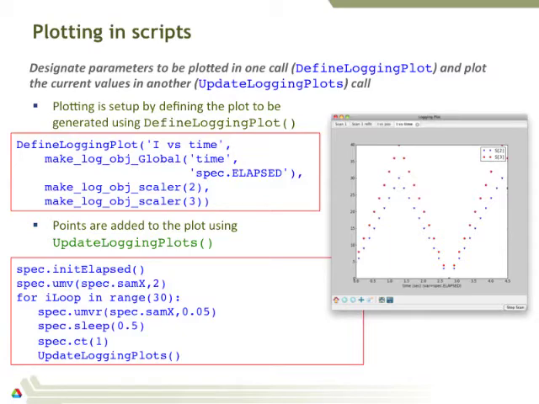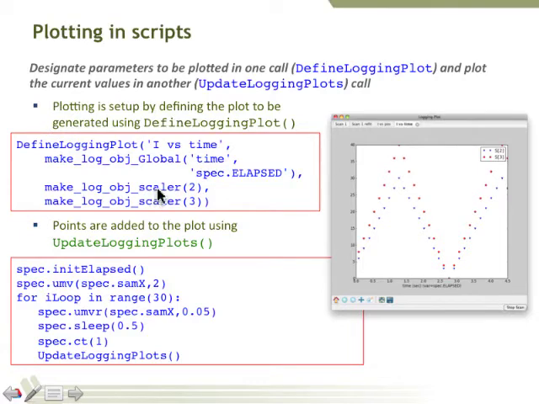If you want to plot in scripts, you want to do things a little bit differently. You do that in two steps. First step is you define what it is you want to plot. So I want to make a plot of I versus time, and you can't quite read it, but that's what shows up right there as a tab. I tell it what I want to plot, and I want to plot something labeled time, which corresponds to this spec variable.